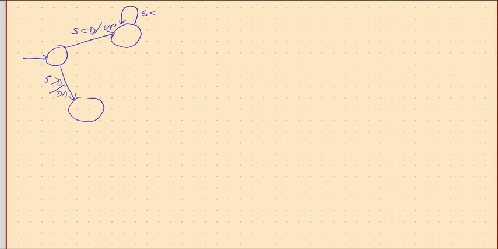Otherwise, another option is you can reach back, and this continues as long as they are different, and when S is equal to D, then you need to stop. Same way here, as long as S is greater than D, keep moving the elevator down, and when S becomes equal to D, then you stop.